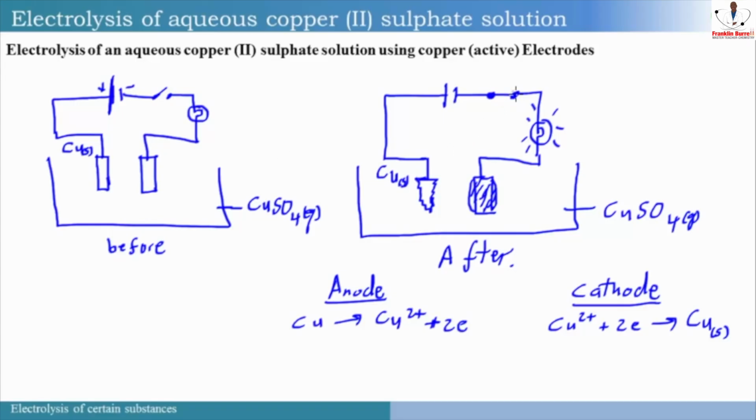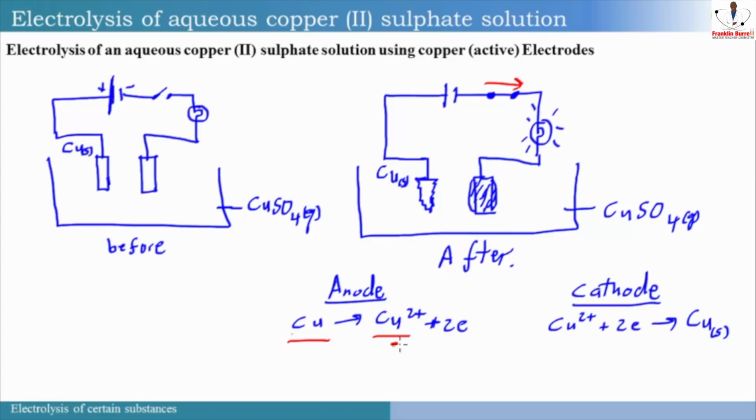Now, if we close the switch, electrons will be flowing. At the anode, electrons are being lost, while at the cathode, electrons are being gained. So you'll see that at the anode, our solid copper is breaking down to form copper ions.